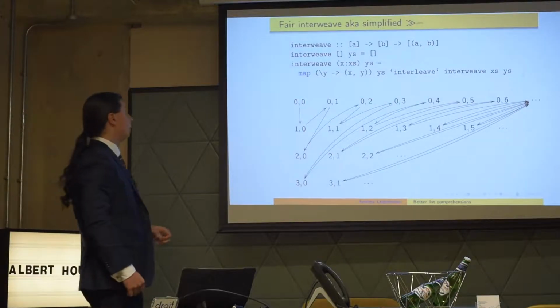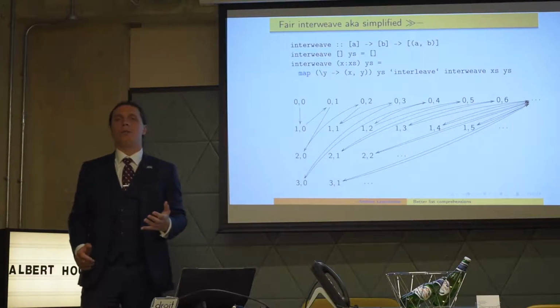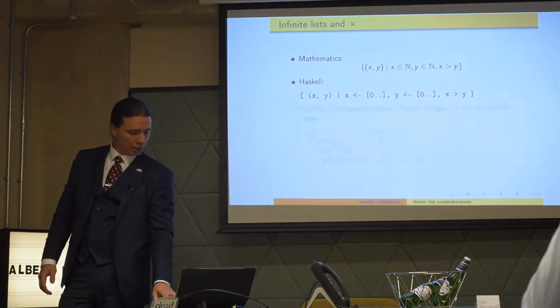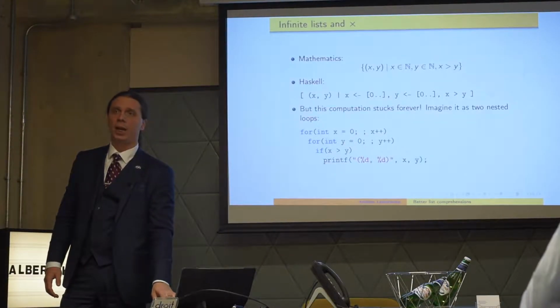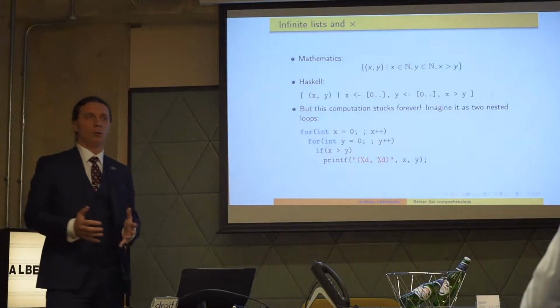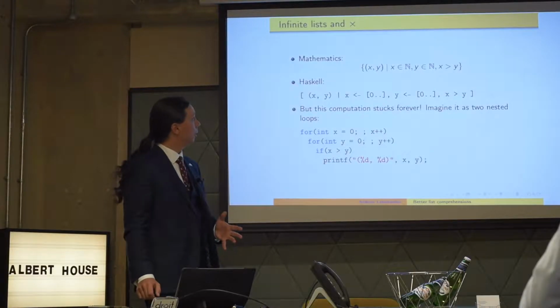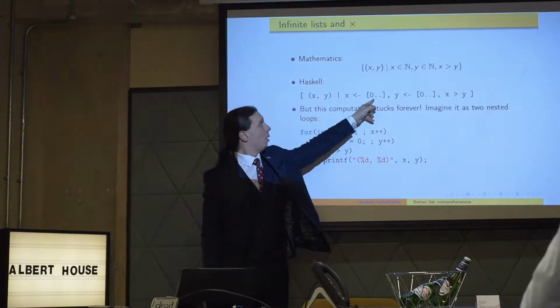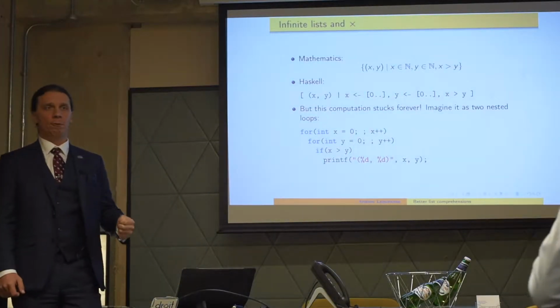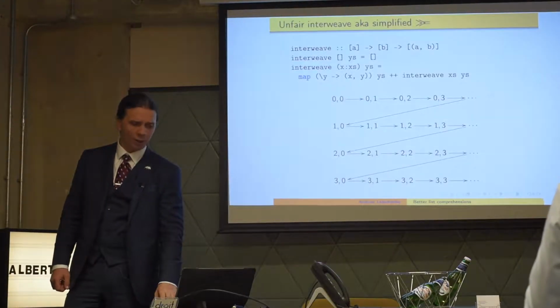And this implementation allows us to basically be productive. We can return back here, and instead of relying on some sugar inside of the Haskell compiler, which will interweave these two lists, we can use our handwritten fair version of interweave. Sorry.